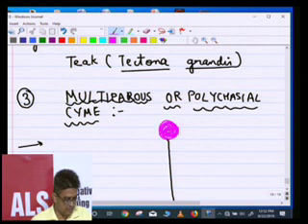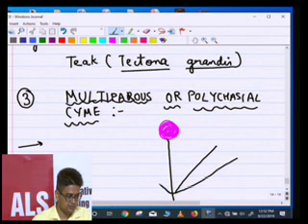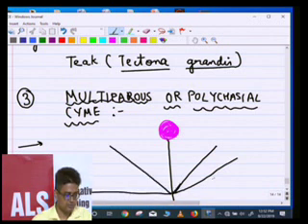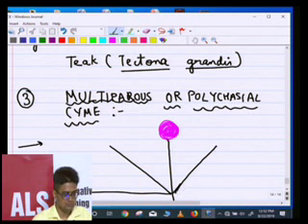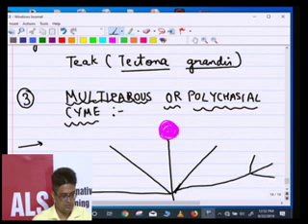Then we have first, second, third, fourth branches like this. Now we have cymose branches here like this.